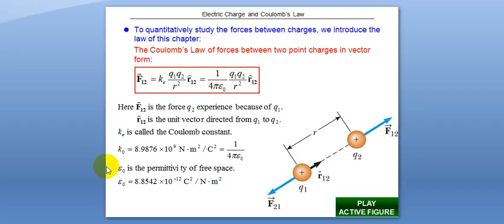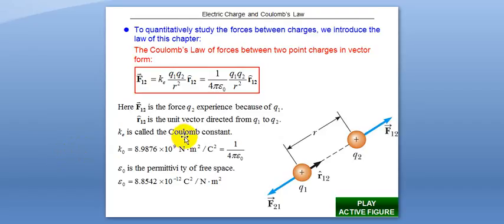Here F is the force on Q2 exerted by Q1, as you see in this process, and r is the unit vector directed from Q1 to Q2.